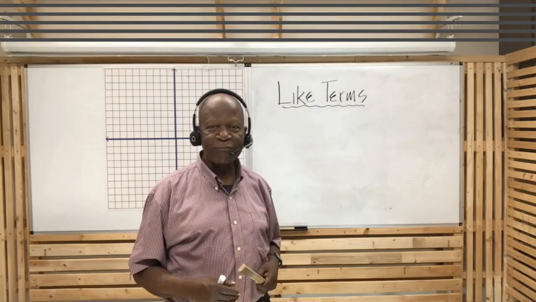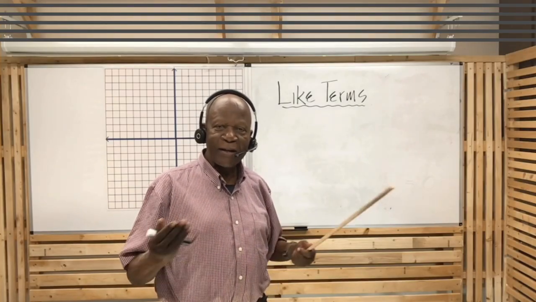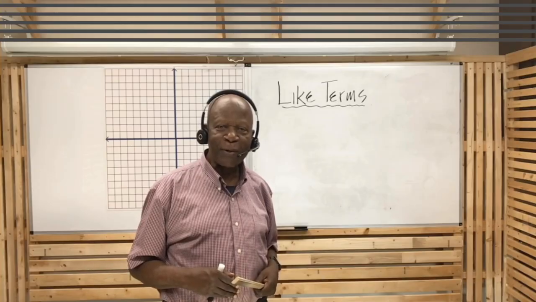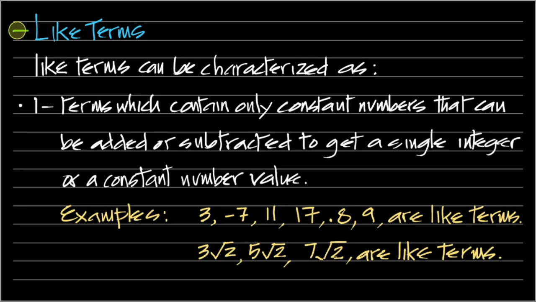Like terms, let's see what the notes say. I will come back and give some further explanation. Like terms can be characterized as, number one, terms which contain only constant numbers that can be added or subtracted to get a single integer or constant number value.